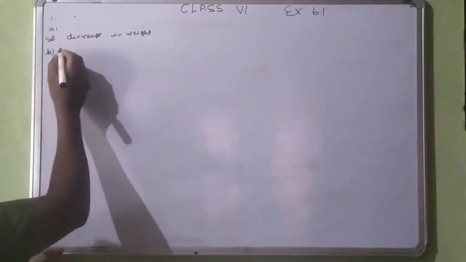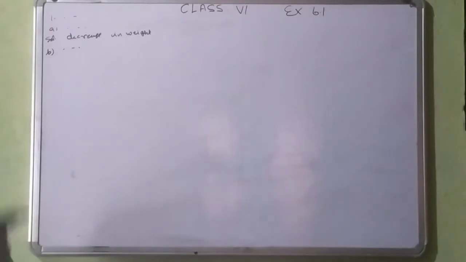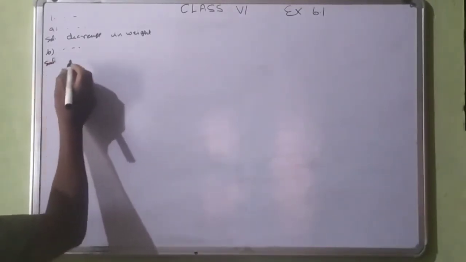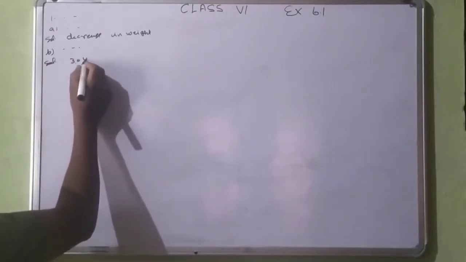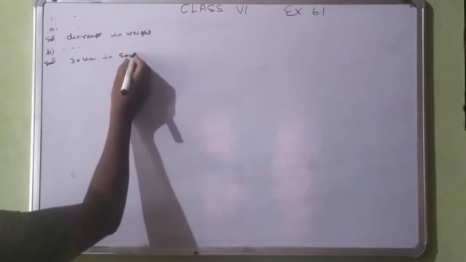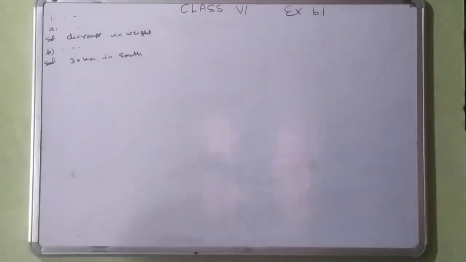B part is 30 kilometer north. So the opposite is 30 kilometer south.